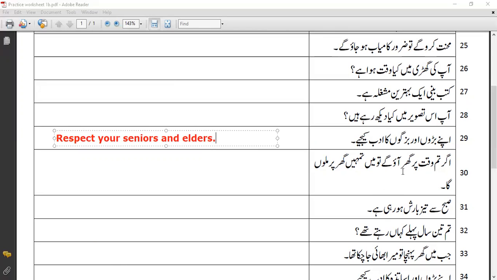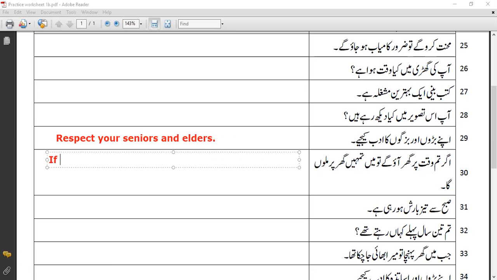अगर तुम वक्त पर घर आओगे तो मैं तुम्हें घर पर मिलूंगा. Now see, this is the similar kind of sentence that we did, conditional sentence, and again this one will be having a future tense. So I told you in these kind of sentences, the first part of the sentence is going to be simple present.